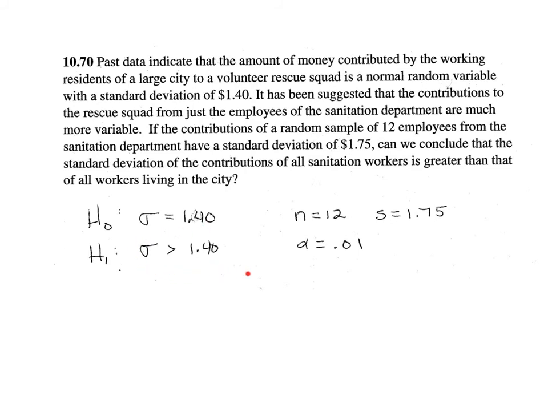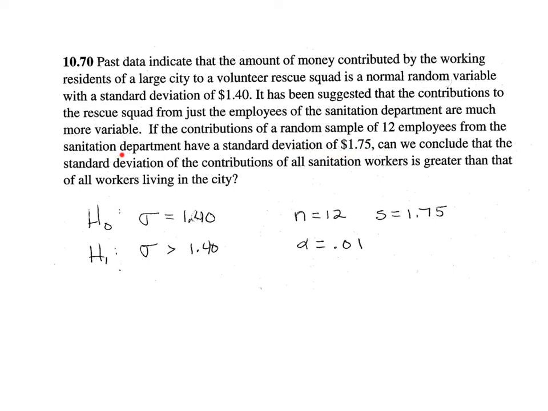All right, so going back and getting the information from the problem, we can see that we have a random sample of 12 employees, so we have a small sample here, n equals 12. We have a sample standard deviation of $1.75, and that comes from here.